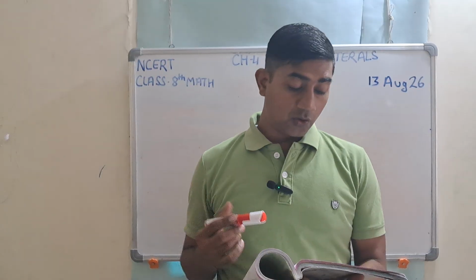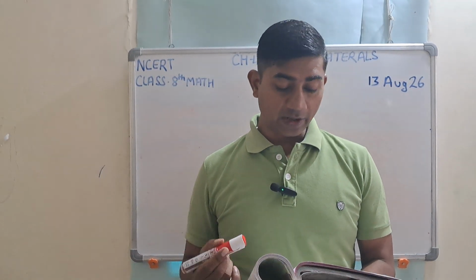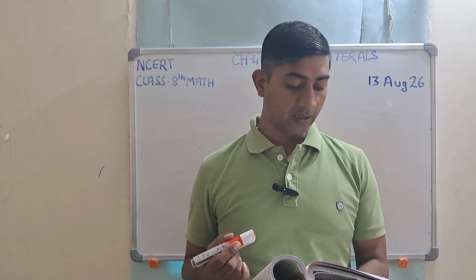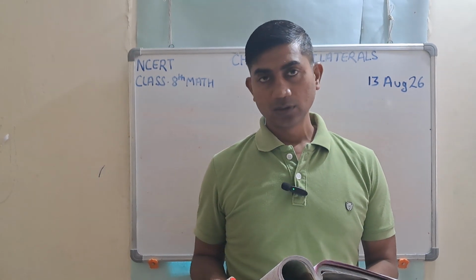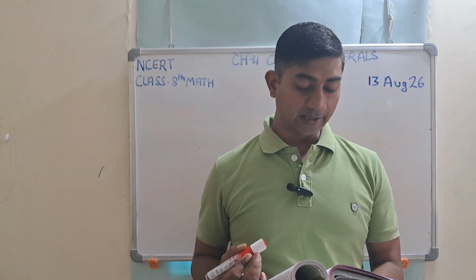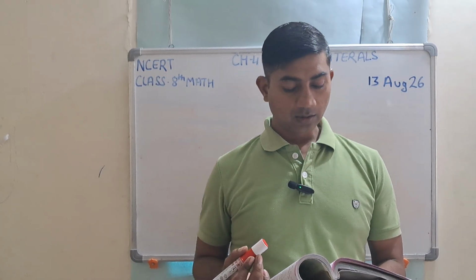What they are saying: draw a quadrilateral whose diagonals have equal length, 8 centimeter, that bisect each other and intersect at an angle of 30 degrees, 40 degrees, 90 degrees and 140 degrees.